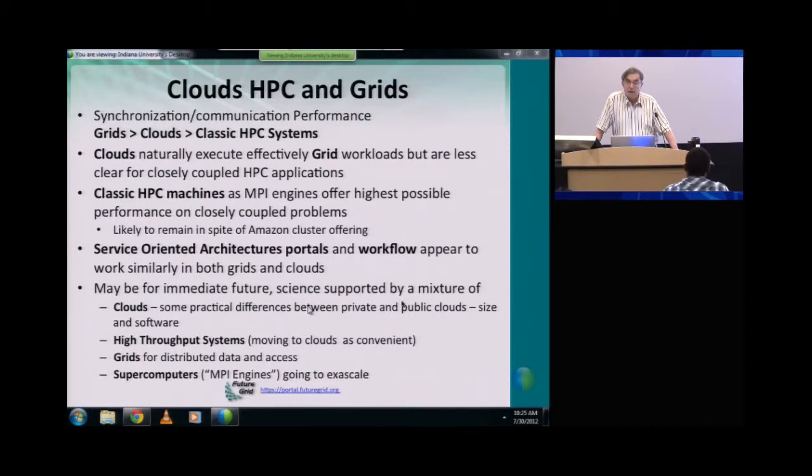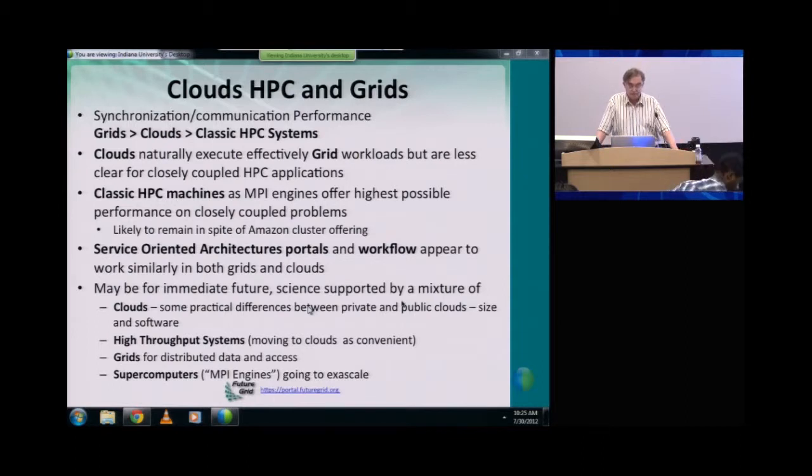But clouds are not directly suitable for running your large-scale fusion simulation, because you will not get high enough performance. However, as I said, they are all just clusters, and so key ideas like service-oriented architectures, workflow, etc., can be used in both approaches.